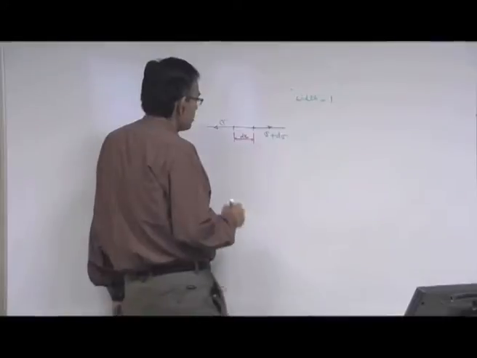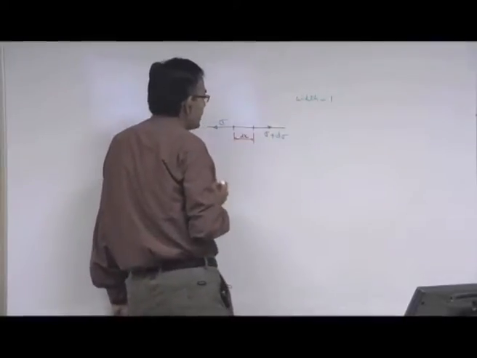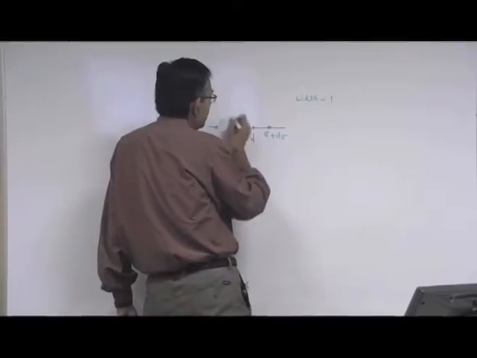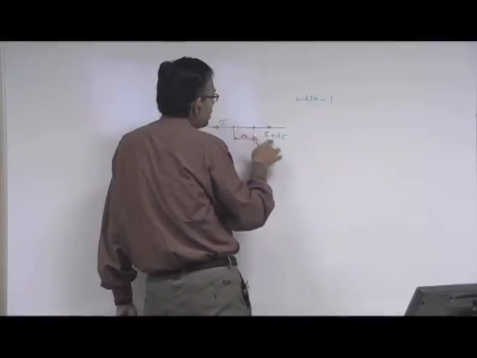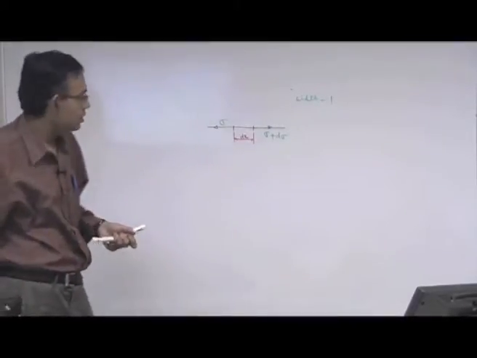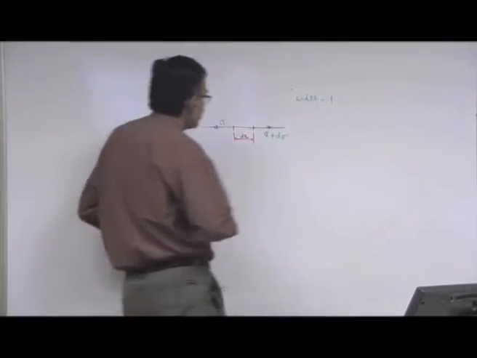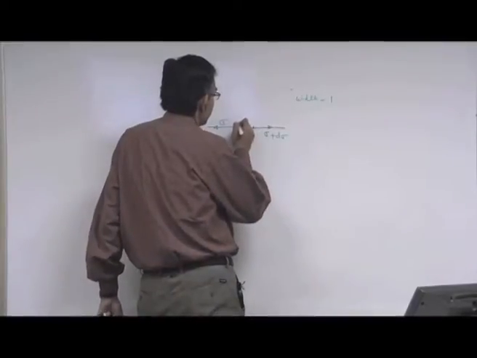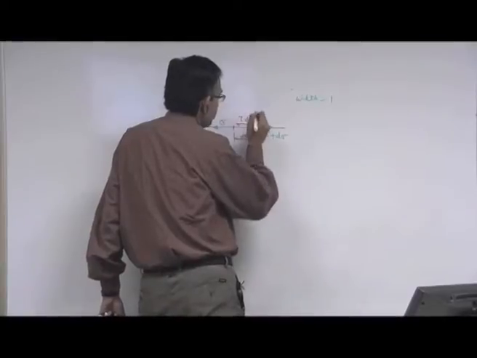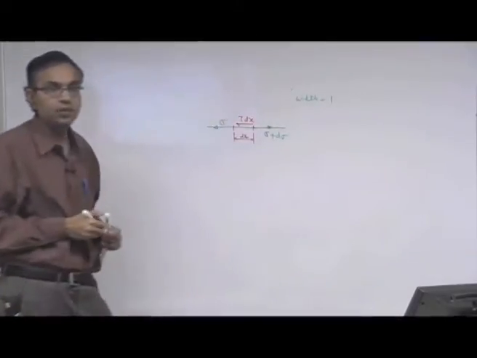Now we can write, so there is an imbalance of sigma and sigma plus d sigma, so that may be balanced by a shear force, which is tau into dx into 1, where 1 is the width.